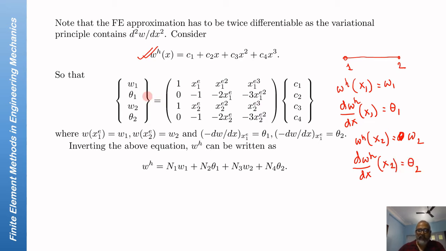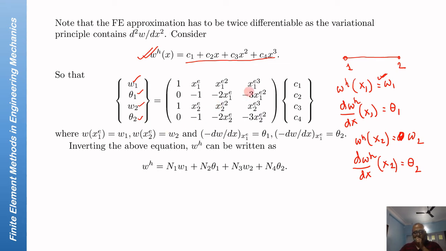Sorry. So that's what I have done: W1, theta 1, W2, theta 2. This first equation is for W1 from here. The second equation is a derivative, first derivative of this, and this gives theta 1, similarly W2 and theta 2.